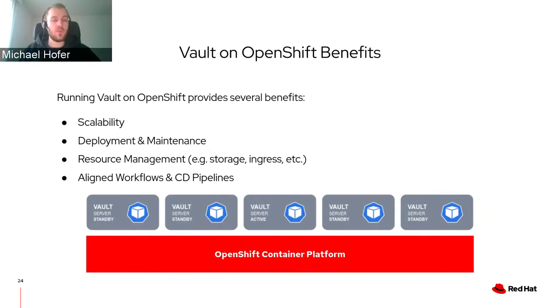At the same time, OpenShift will also take care of the resource management for you, so allocating storage, making sure network traffic comes in, etc. Another important benefit you get is really the workflows and deployment pipelines. How you deploy all other applications that you have on top of OpenShift also works for Vault, so you can really align all these processes.